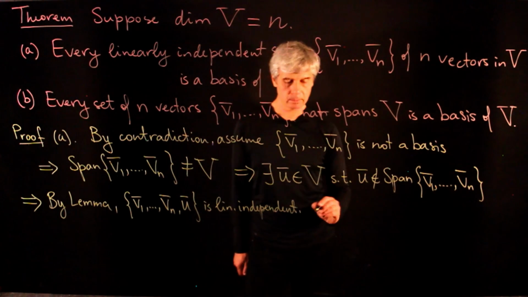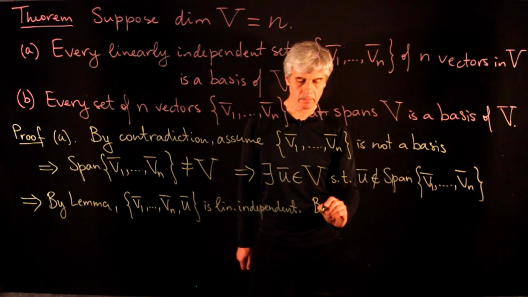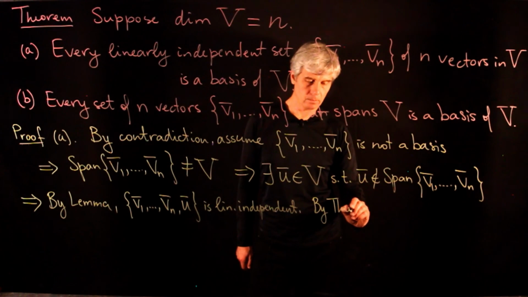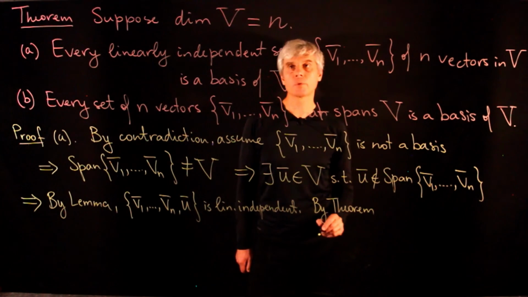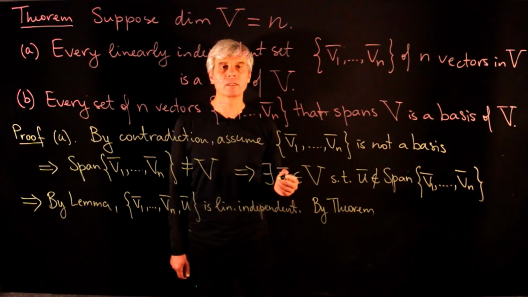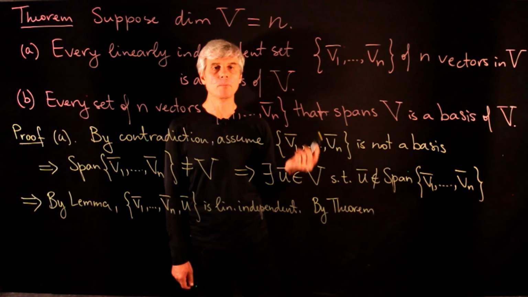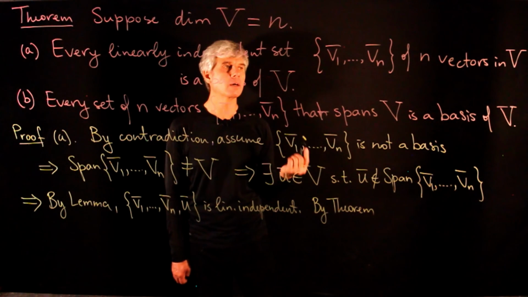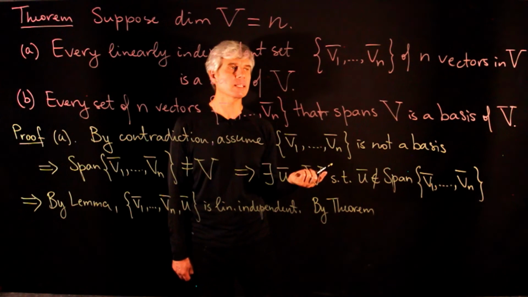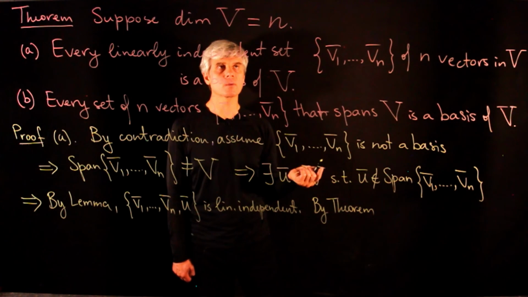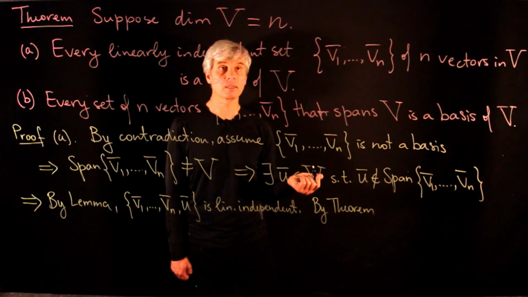But by the theorem, we proved that if we have more vectors than the number of vectors in a spanning set, then this larger set will be linearly dependent, right?